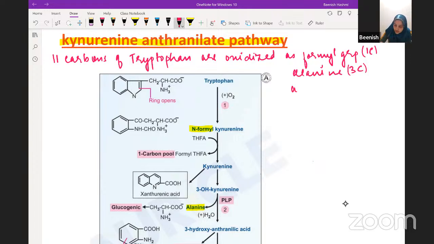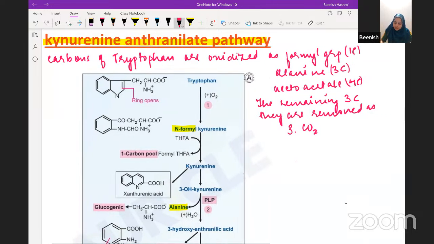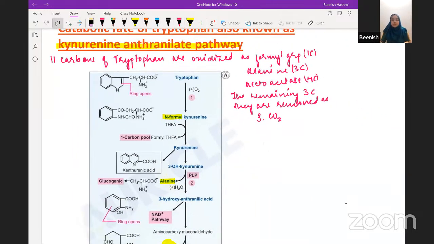Then you have acetoacetate, which is 4 carbon, and then the remaining 3 carbons are removed as 3 carbon dioxide molecules. Okay. So that was briefly about the tryptophan catabolism.